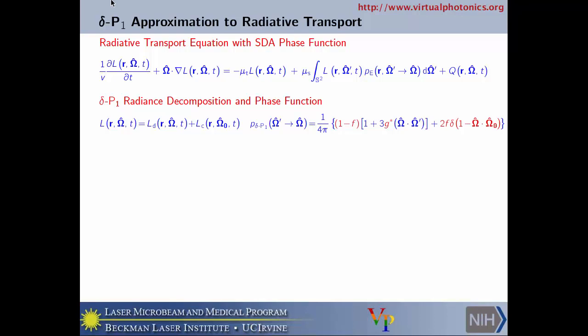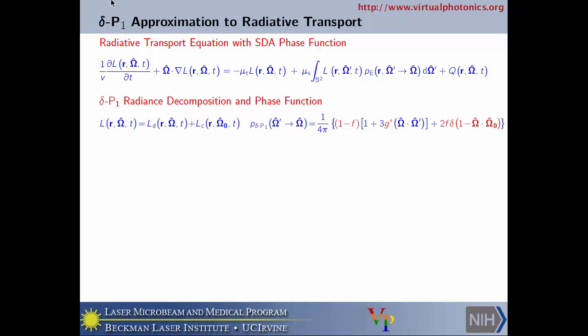And so in the radiance decomposition, you have a diffuse term, L sub d, which is simply the same isotropic term plus flux term, cosine theta term. And we have a collimated term which allows for light going only in one direction, omega naught, which would be the direction of your collimated source.